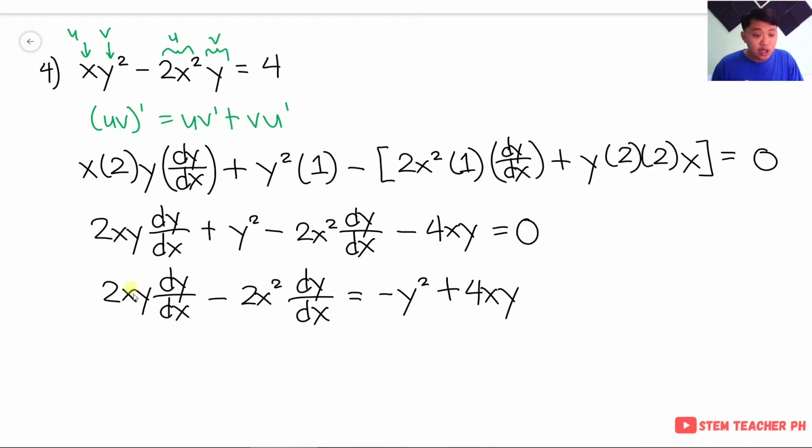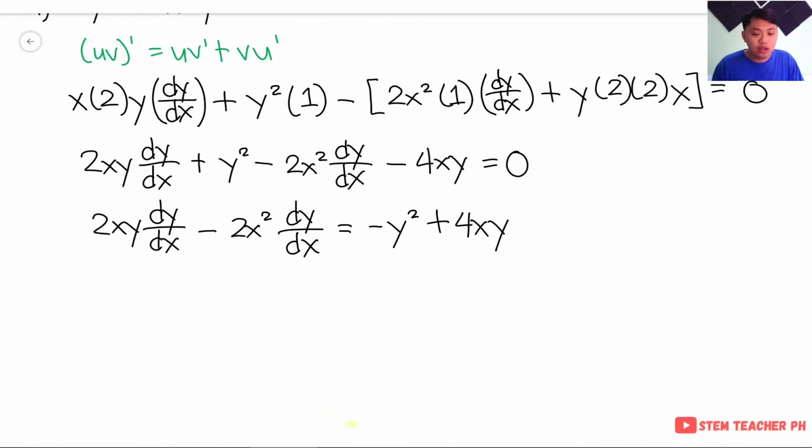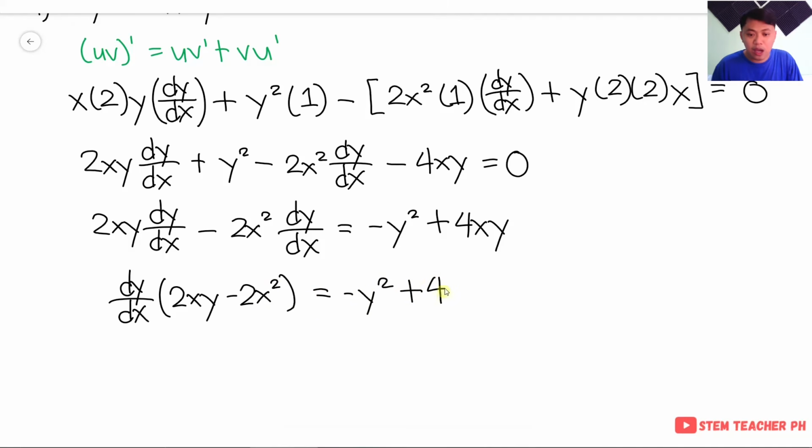Then solving for dy over dx, factoring it out. So we have dy over dx. Ang matitira sa loob, we have 2xy minus 2x squared. And then yung nasa kabila, this is still minus y squared plus 4xy.